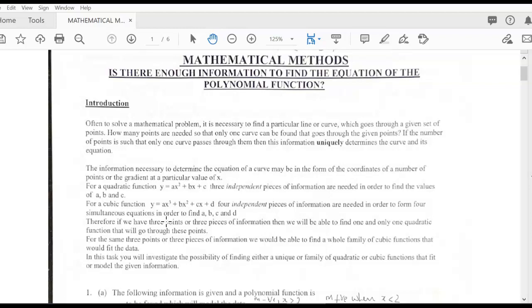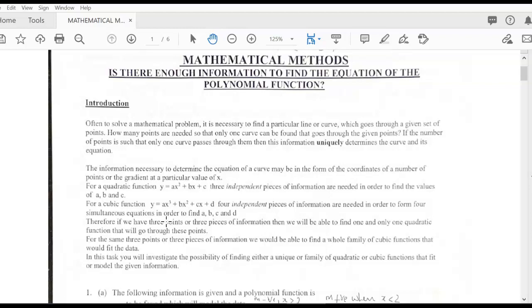Just remember that you need points on your curve or you need the gradient at a particular value of x. That's where your derivative comes in. For a quadratic function, y equals ax squared plus bx plus c, three independent pieces of information are needed.